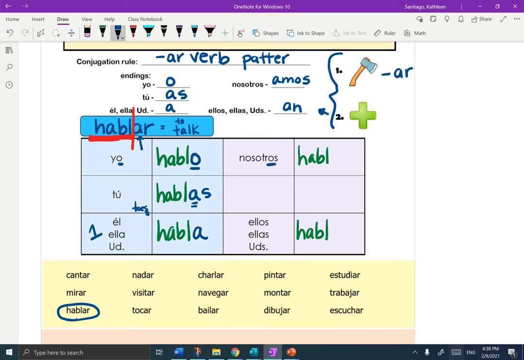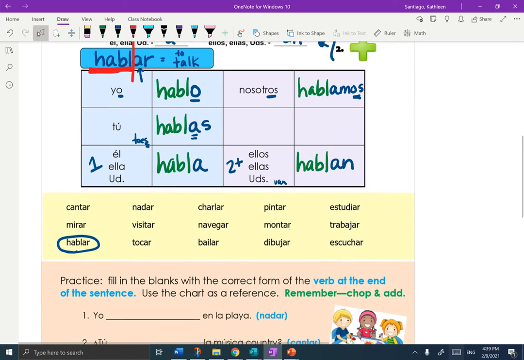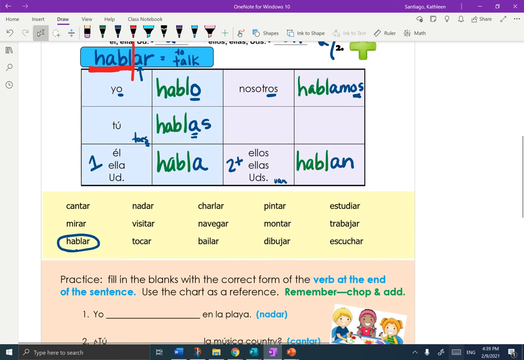Nosotros, OS, hablamos. Nosotros hablamos. And ellos, ellas, ustedes, any two or more people that doesn't include you, they go in the van from ear. Then I can remember this is AN. Ellos hablan. Muy bien. Okay, let's scroll down. So we've got hablo, hablas, habla, hablamos, hablan.